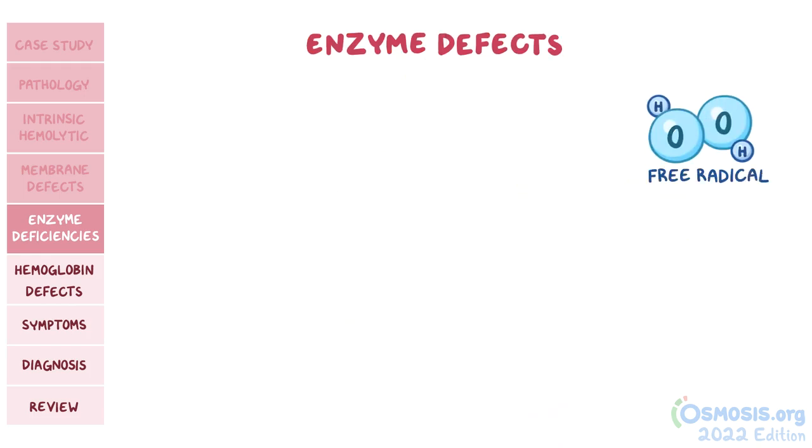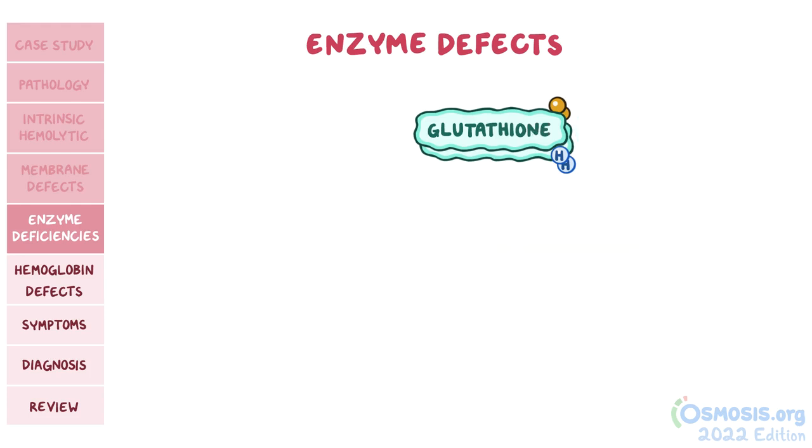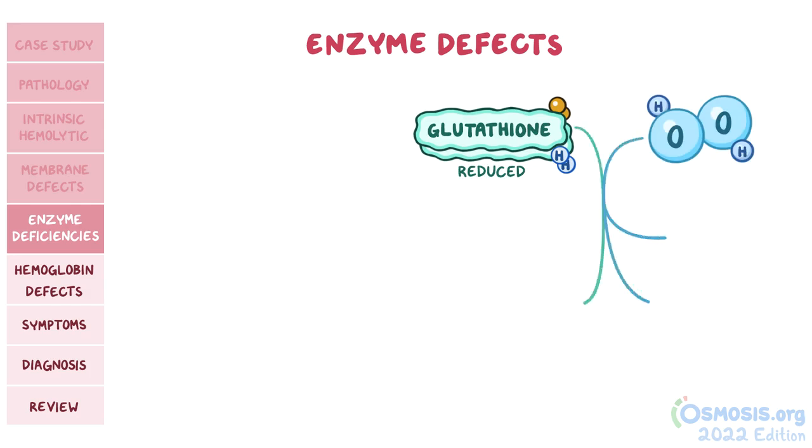Free radicals, which are products of metabolism, can destroy RBCs, but normally, a molecule in our body called glutathione neutralizes them. Glutathione needs to be in the reduced state, where it can donate protons and electrons to the H2O2 and convert them into water.